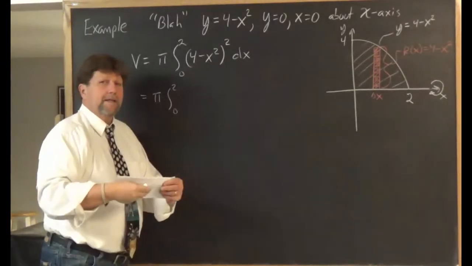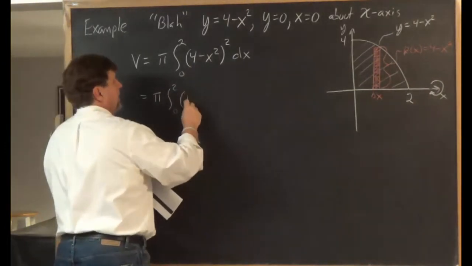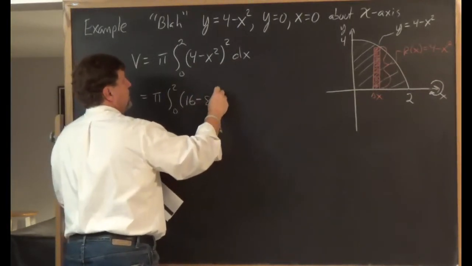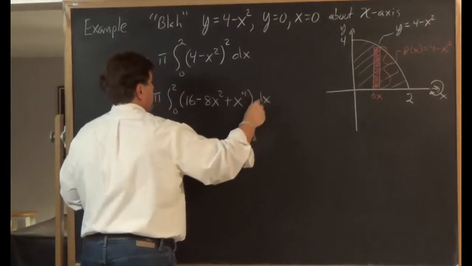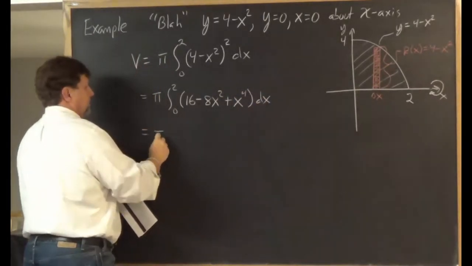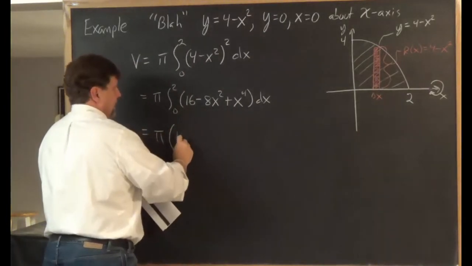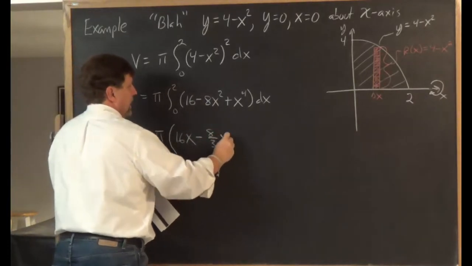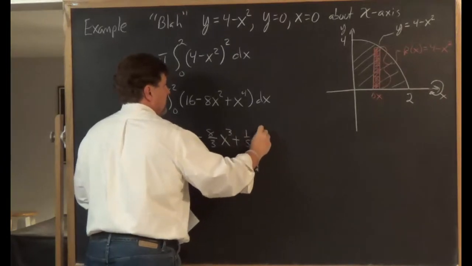So 4 minus x squared times 4 minus x squared. That gives us a 16 minus 8x squared plus x to the 4th dx. Get an antiderivative. So an antiderivative would be 16x minus 8/3 x cubed plus a 1/5 x to the 5th.